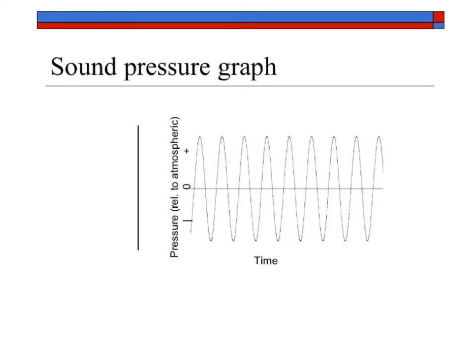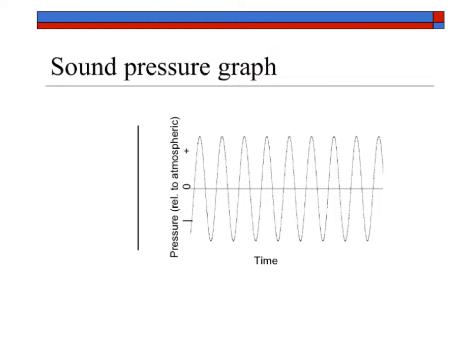Quite often we find it convenient to plot a graph of sound pressure, or at least conceptually, in which the pressure relative to atmosphere is plotted on the y-axis. So above the center line is the compression, and then below is the expansion or the reduction in pressure.